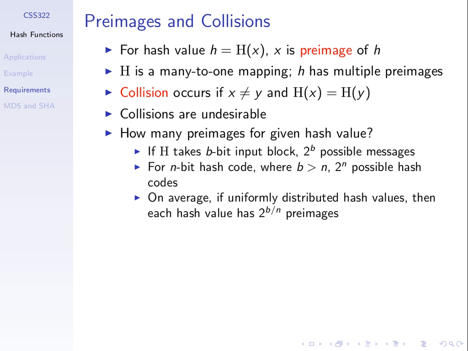It would evenly distribute them if it was a good hash, or an ideal hash function. Quite simply, the number of inputs divided by the number of outputs gives us the number of pre-images for a hash value. The pre-image is just the name of the input value, the message in our case.